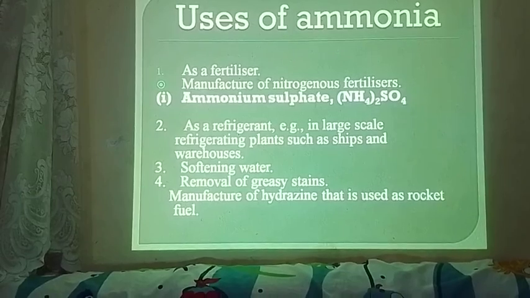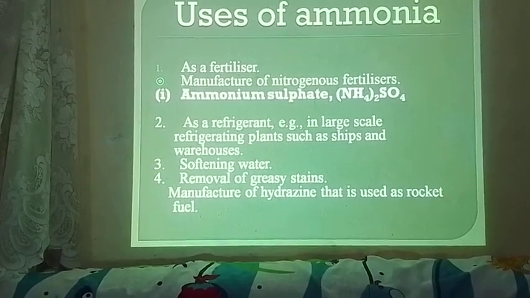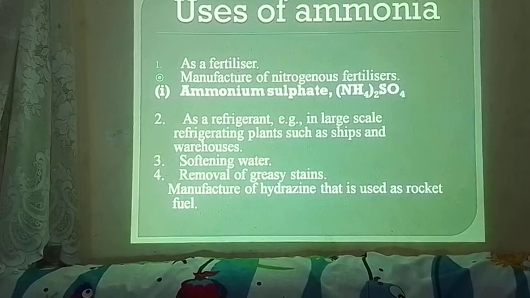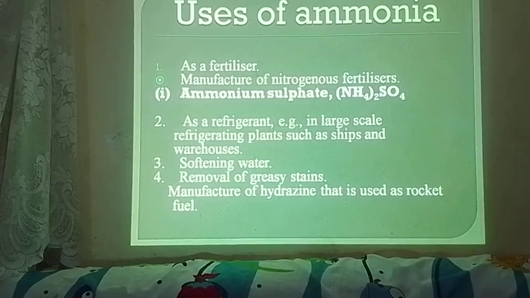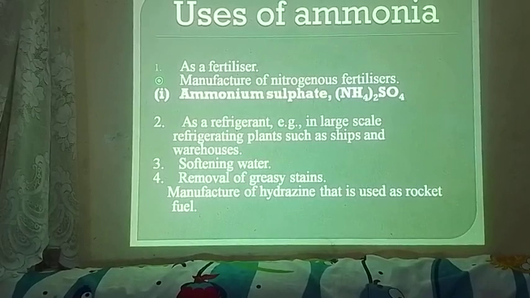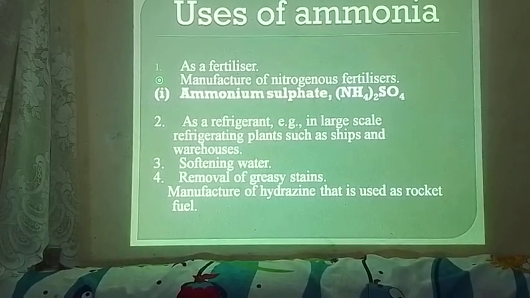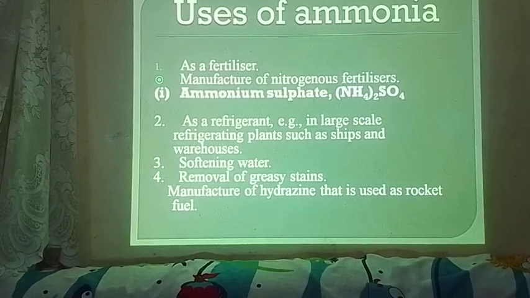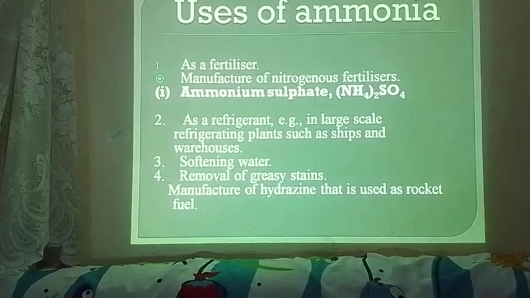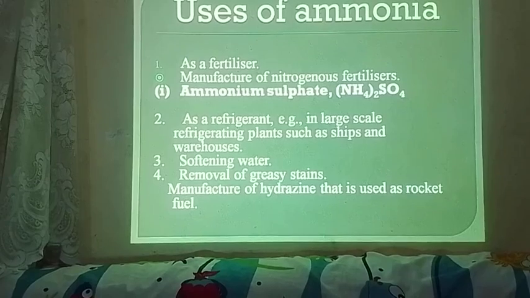Number four, ammonia can be used in the removal of grease and stains. If your cloth is stained, you can use ammonia to remove such permanent stains, especially on white clothes. And lastly, it can be used in the manufacture of hydrazine, which is used as rocket fuel.